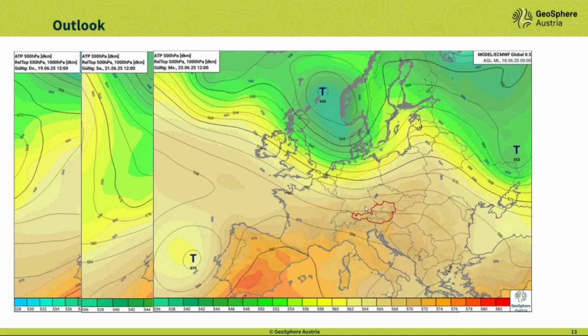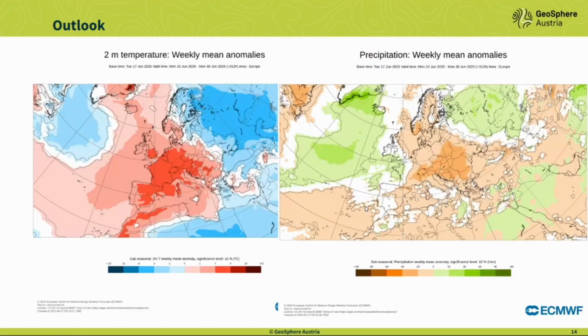What do the ECMWF fields say for the weekly anomalies for the next week? I have to say that the initial state of these model fields was yesterday. But it looks very pronounced that next week will be too warm in wide parts of Europe, as you can see here on the left picture, and on the right picture you can see the weekly mean anomaly of the precipitation, and it will not only be too hot but also too dry, especially in Central Europe.